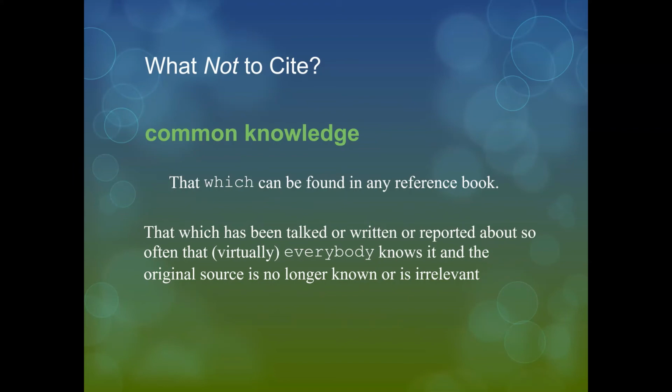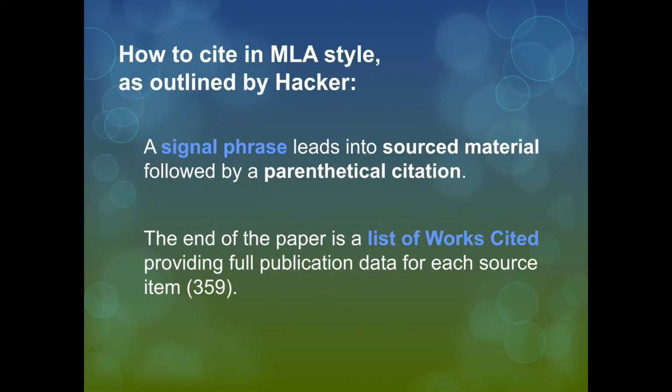Okay, because they have entered into common knowledge. All right, and it would be really hard and really kind of useless to track down the very first entity that reported on that thing that happened. It's not necessary, and not useful to do that. Okay, but if you have any questions about what constitutes common knowledge and whether or not you need to cite it, you can email me and I'll help you with that.